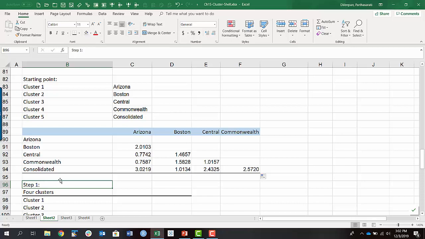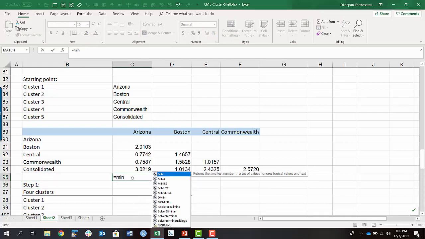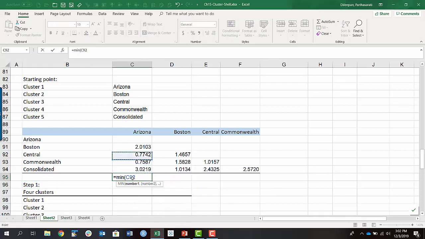So what we want is the minimum among all of these different distances. Which one is the minimum? So you do a min, and that one is the minimum, which is Arizona and Commonwealth.